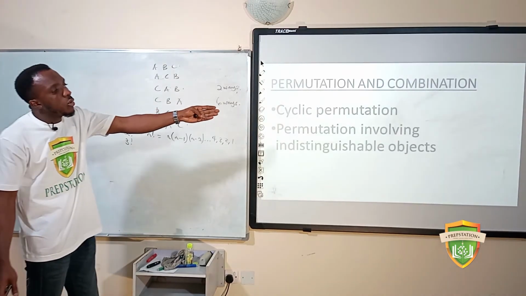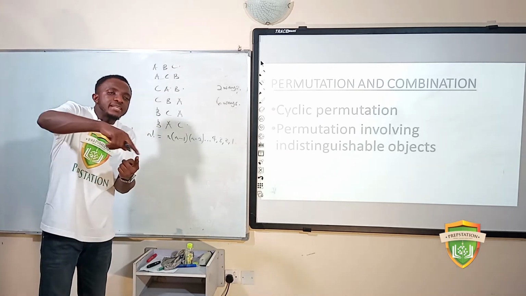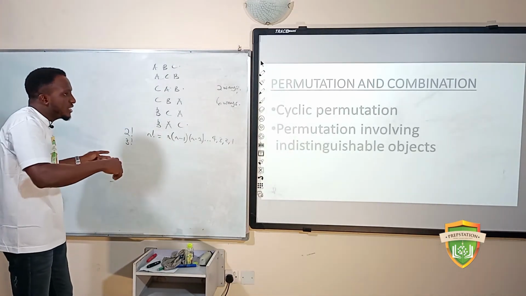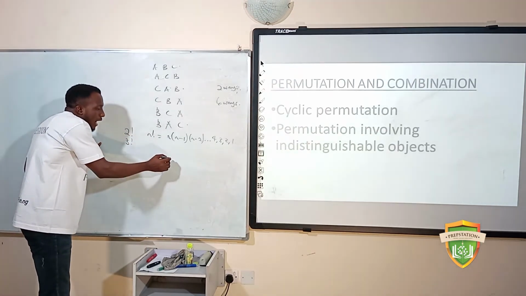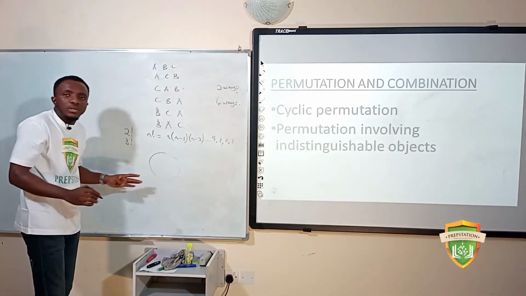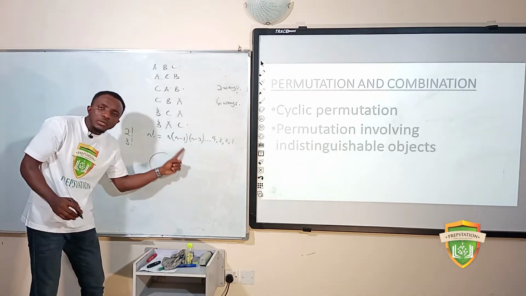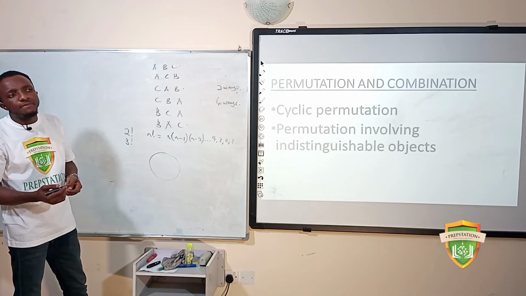Now we also have what we call cyclic permutation. Remember I said permutation has to do with arrangement. Now the question is, if I have a circular table, how can I arrange people around the circular table? Let's say we have 5 people.